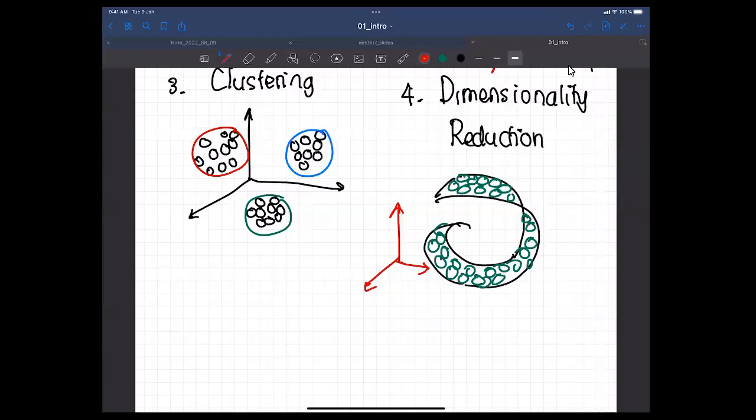But if you look carefully at the distribution of the data, what is the actual space of the data? It's only 2. It's not 3, but actually 2.